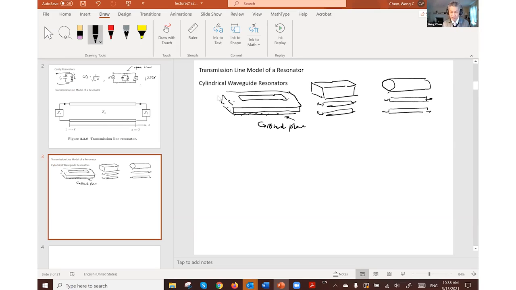And you can also think of a microstrip line with a quasi-TEM mode as a transmission line. And you can think of that becoming a resonator when you terminate a transmission line with two impedances. Well, what is the theory behind this? The theory behind this is that for resonance to occur, you need a resonance condition.